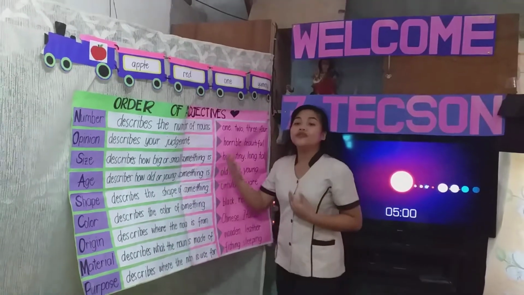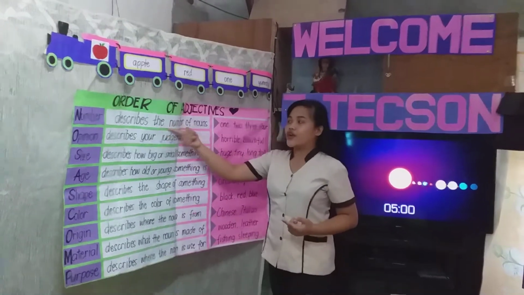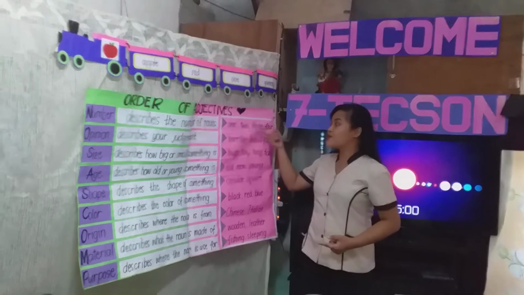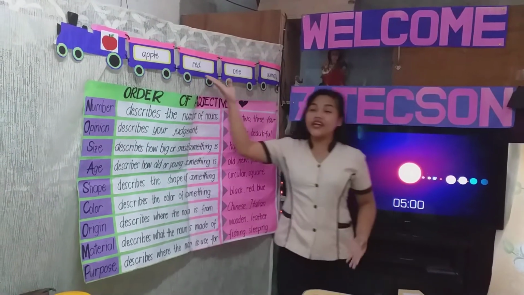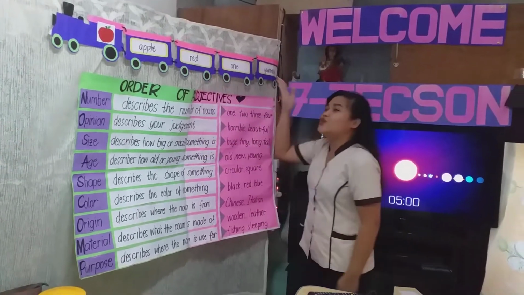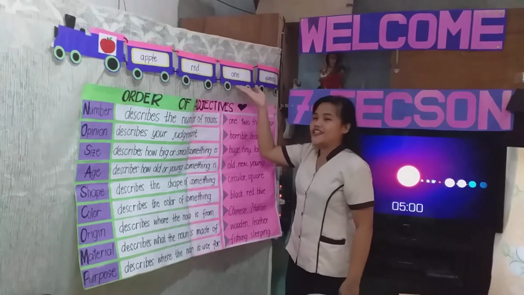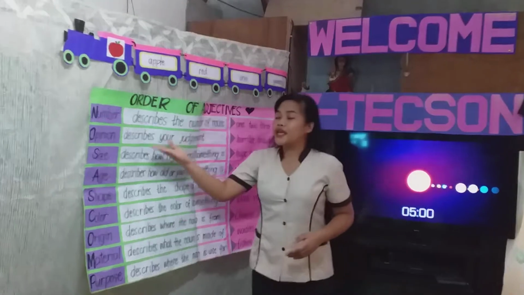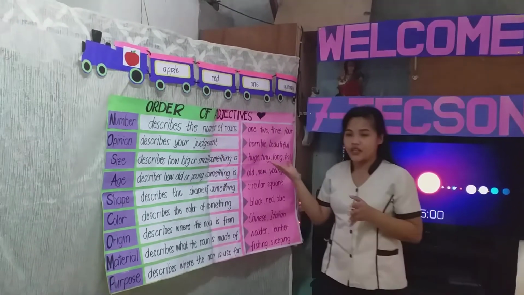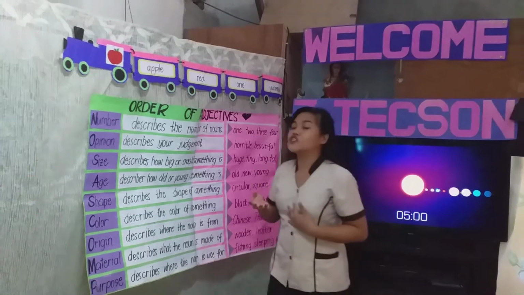Now, when we say number, it describes the number of nouns. For example, 1, 2, 3, 4. In my train, do we have a number there? Yes, very good. We have number 1. Next, O for opinion. When we say opinion, it describes your judgment, or what you think about something.